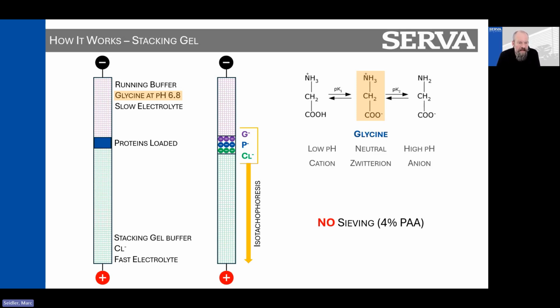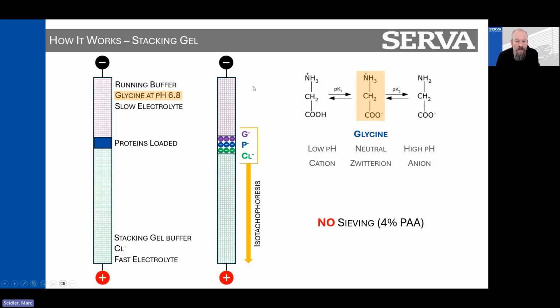So in the stacking gel buffer, you have the chlorides I talked about. So you can imagine chloride is a very, very small molecule and is thus a fast electrolyte. So remember the slide I showed you with the isotachophoresis, so a fast electrolyte. And here you have a slow electrolyte because the glycine is nearly not moving, so nearly in the zwitterionic state.